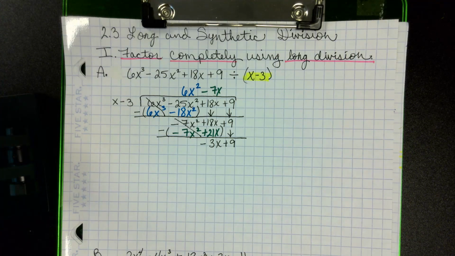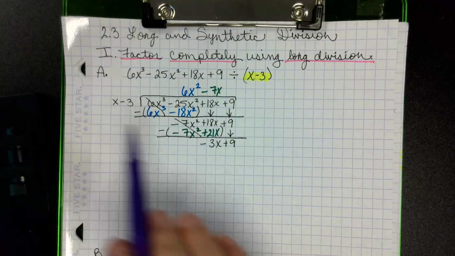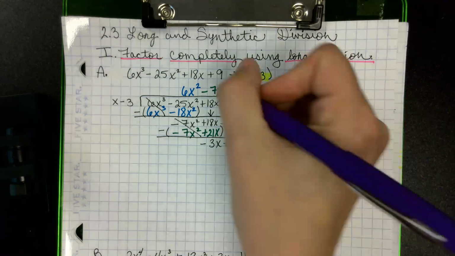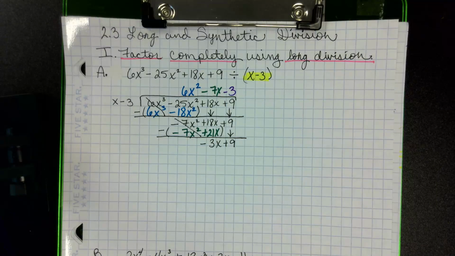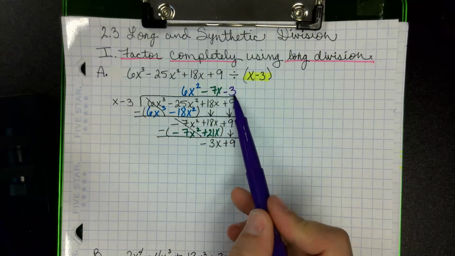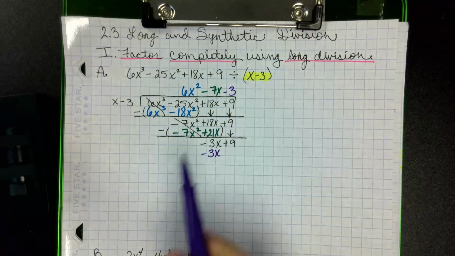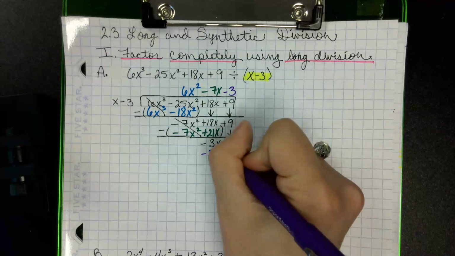Go back to the x in the divisor, the x minus 3. X times what gives me negative 3x. Well, I would need negative 3. Then multiply by everything in the divisor. Negative 3 times x is negative 3x. Negative 3 times negative 3 is positive 9.